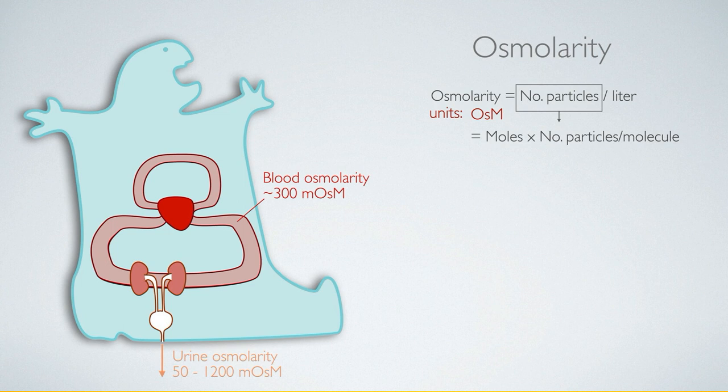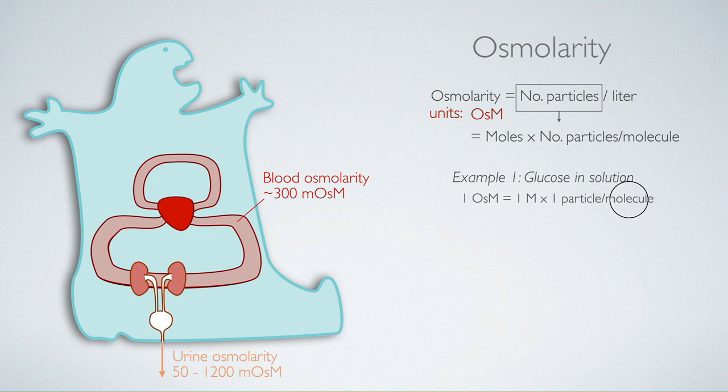In solution, not all molecules stay together, but instead they dissociate. So for example, a molecule that doesn't dissociate is glucose. So 1 mole of glucose produces 1 osmol in solution. And that's because it produces 1 particle per glucose molecule.